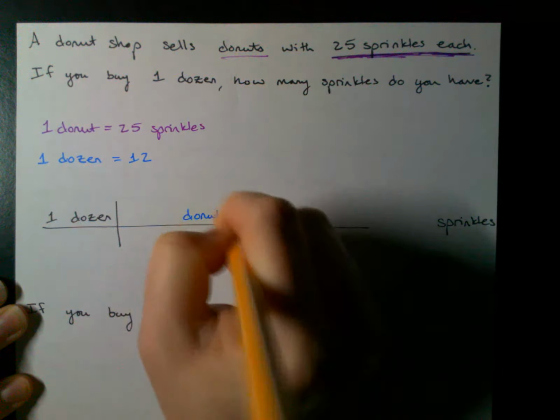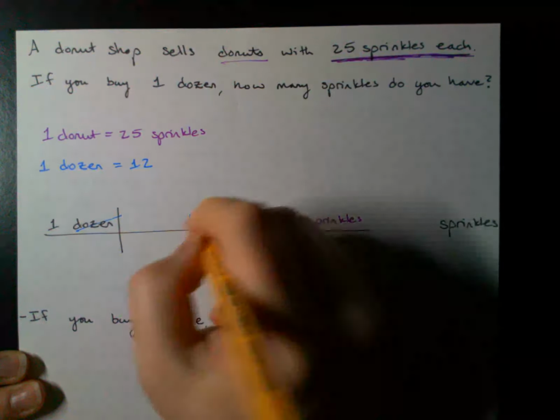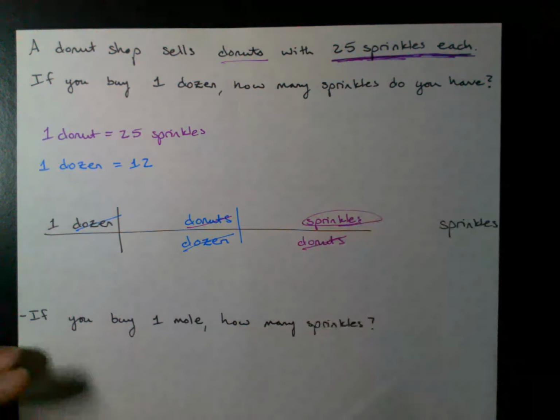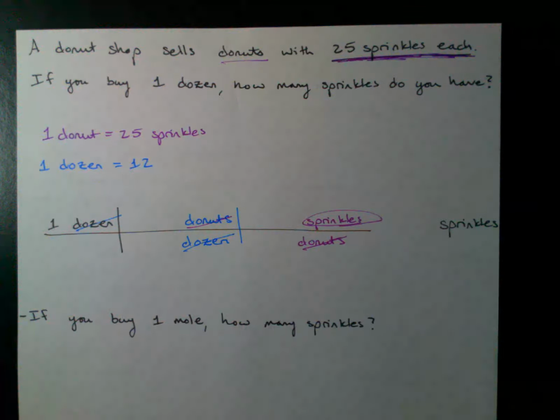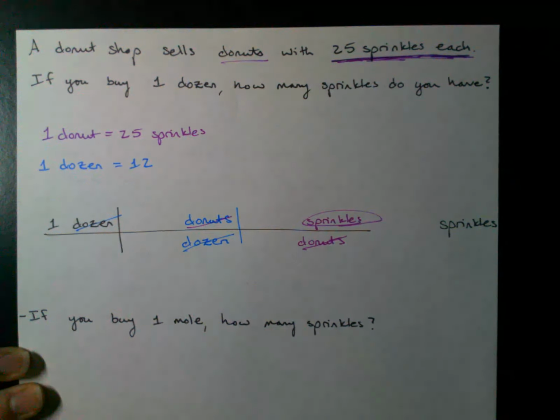Okay. But I don't want donuts in my final answer. I just want sprinkles. So if I don't want donuts, I put it on the opposite side. Donuts and sprinkles. Okay. My units all work out. I know that I've done this right. Now the only thing I have left to do is to just plop in the numbers. All right.